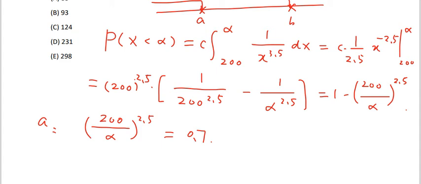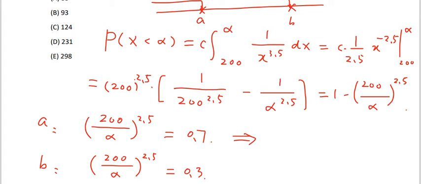So we can find this alpha. For b, this number is 0.7, so this part is 0.3, which is 1 minus 0.7. So we can find this alpha. This alpha is a, and that alpha is b.